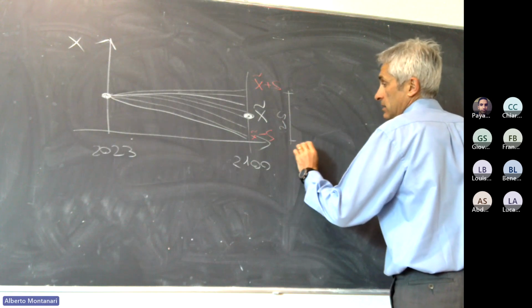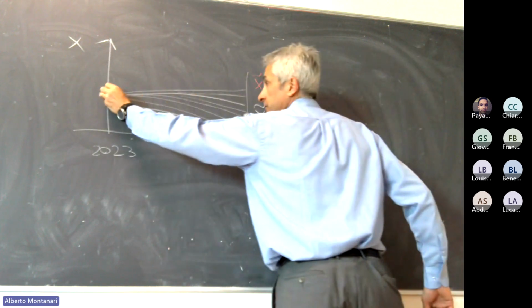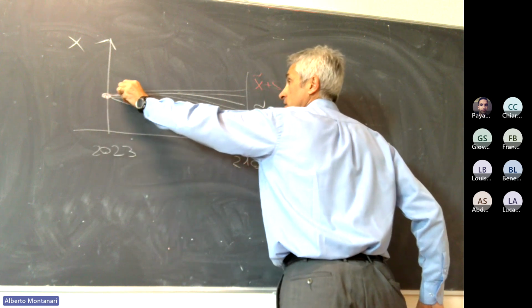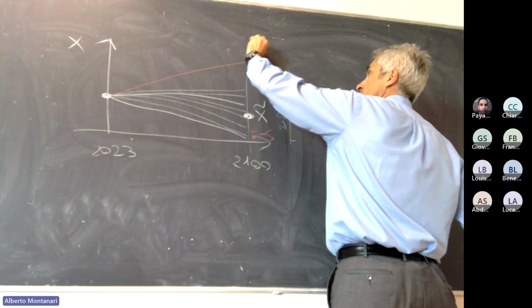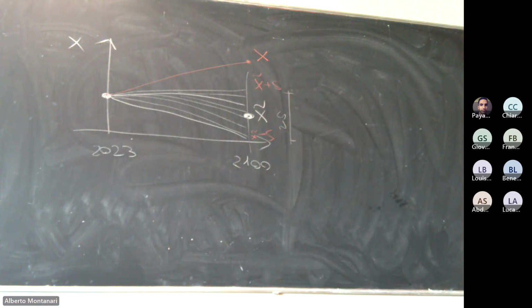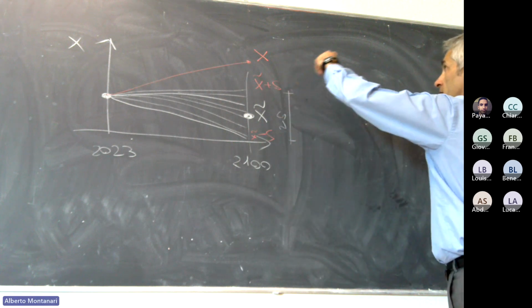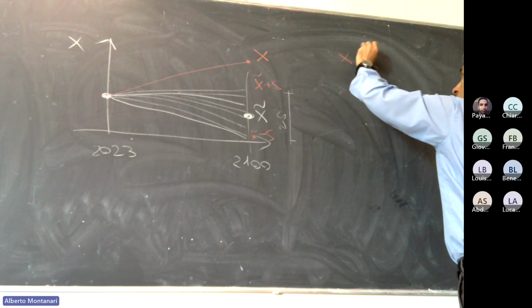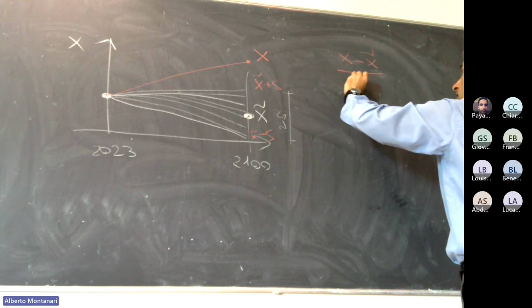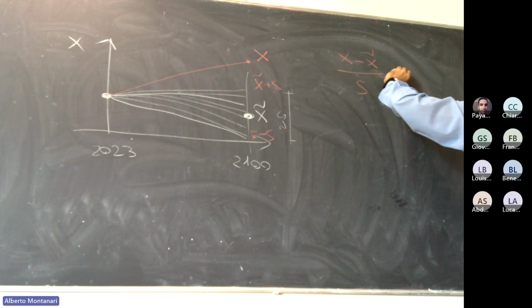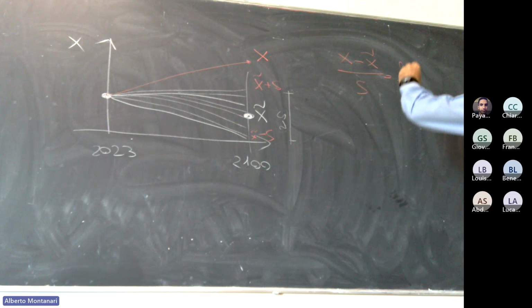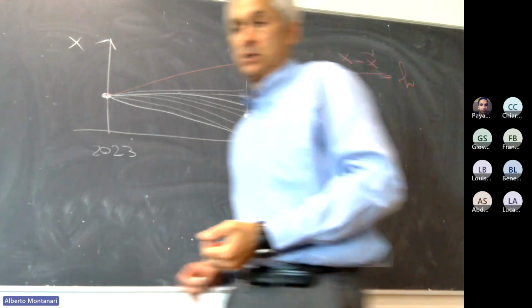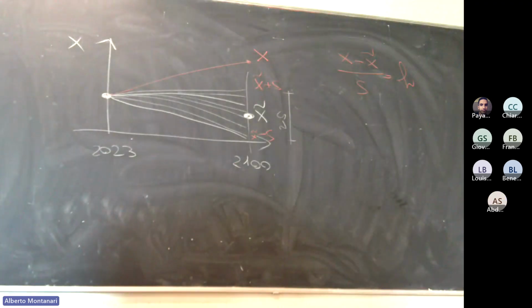But in the future, you may have the reality, which is this one. This is my X. And then you compute X minus X tilde divided by this, and this is my H. Or estimated, let me see how the symbol of this is in the slide.